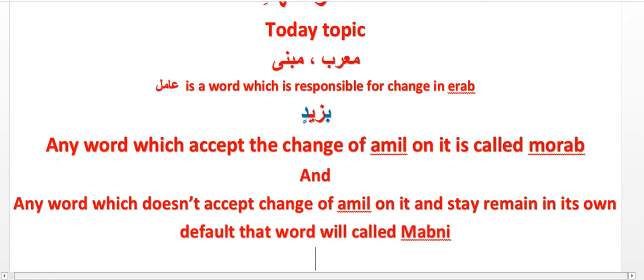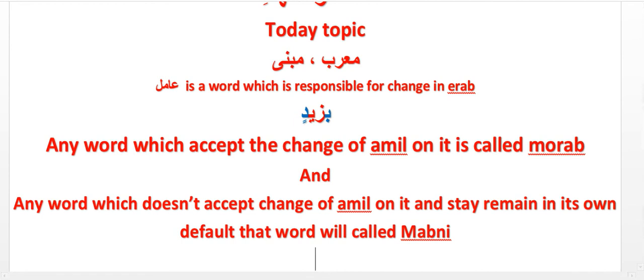I hope you understand what is mu'rab and what is Mabni. If a word accepts the I'rab change of amil, that is mu'rab. If a word doesn't accept the I'rab of amil, that is called Mabni. In very short, I explained to you.